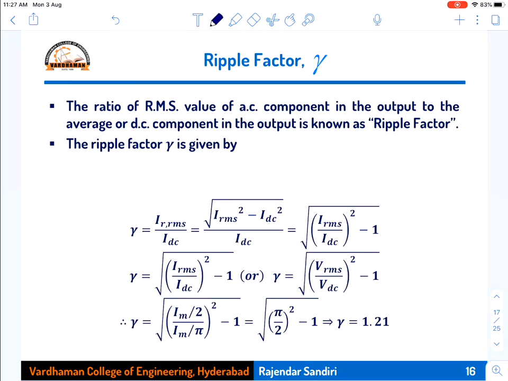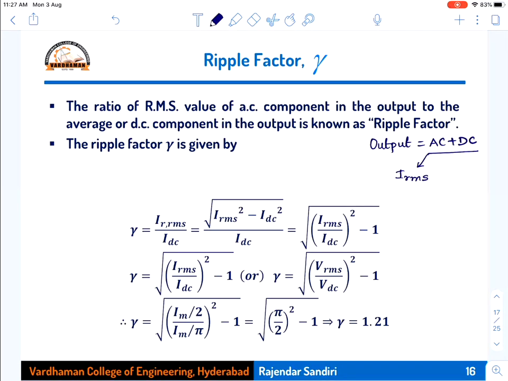So generally, the output of the rectifier consists of both AC plus DC. Now if you take this entire AC plus DC, its RMS value is represented by IRMS.